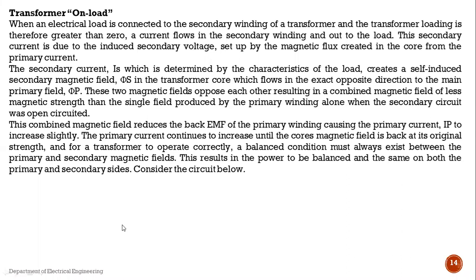That is, the transformer secondary is connected to the load terminals.